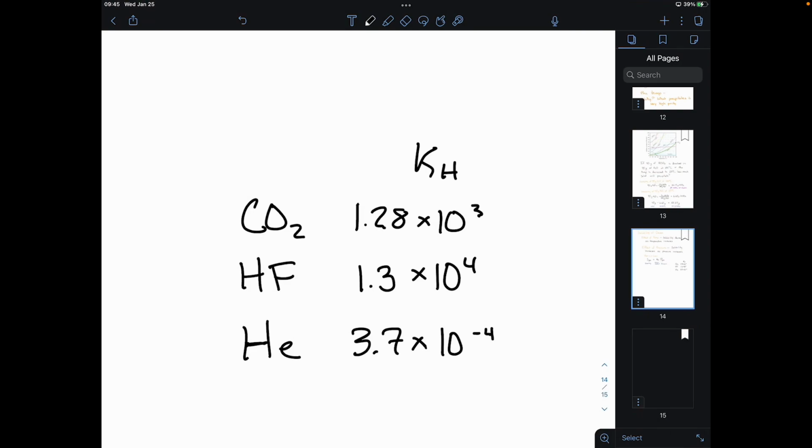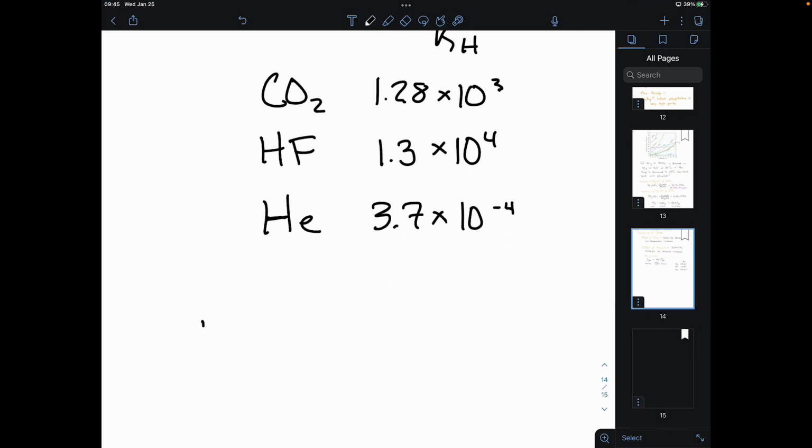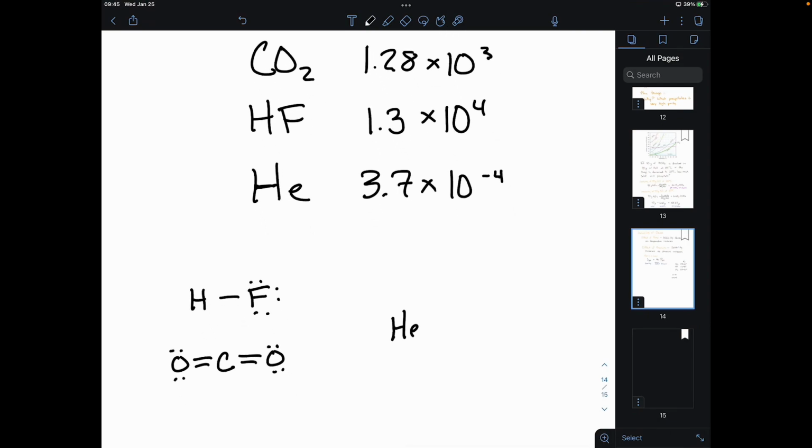But think back more to what we discussed last class in terms of looking at structural features and thinking about their interaction with water. Let's draw these structures out actually. HF, CO2, and then helium's just helium.